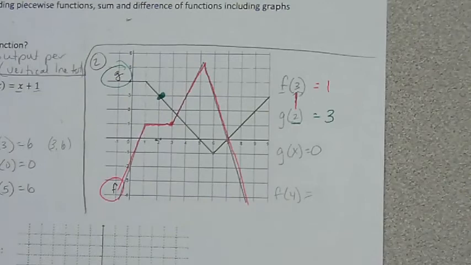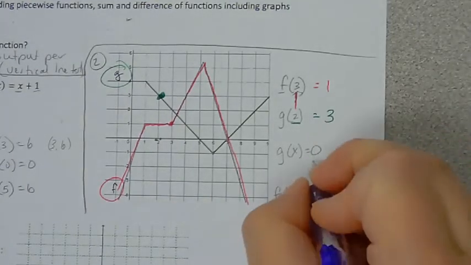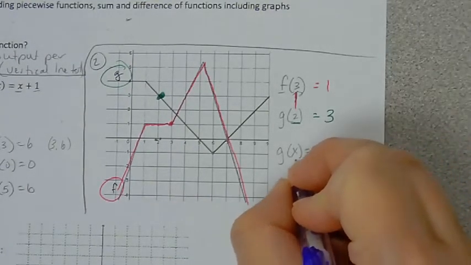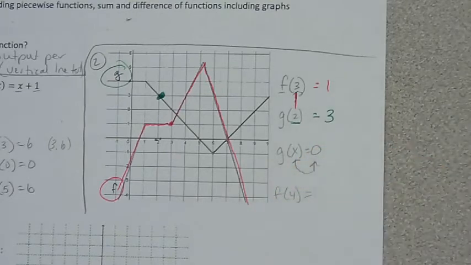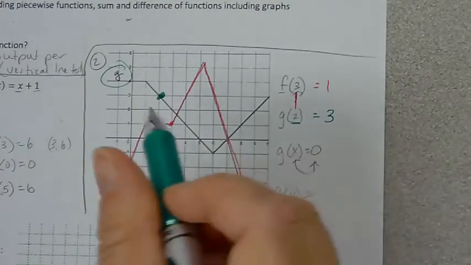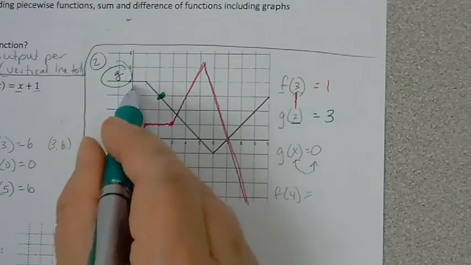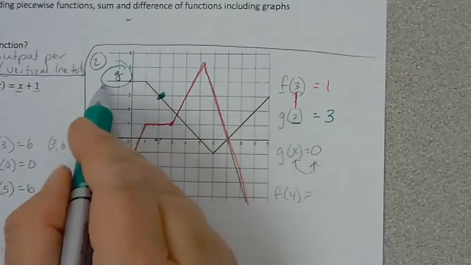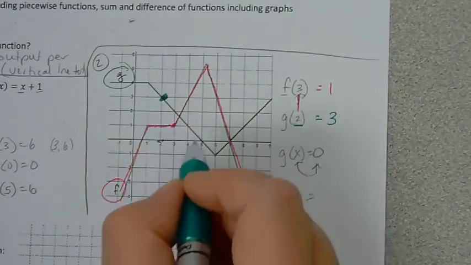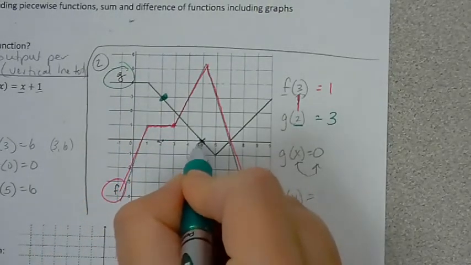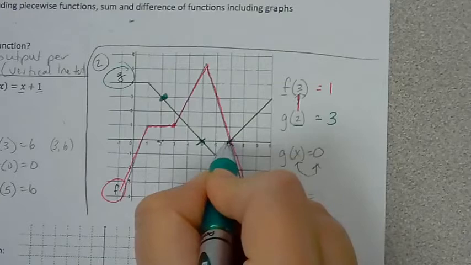The next one tells me the output value, and I have to go backwards and find the input value on g. So the output value is 0. So where does g equal 0? Where's the y value equal 0? Right here. It also equals 0 right here.